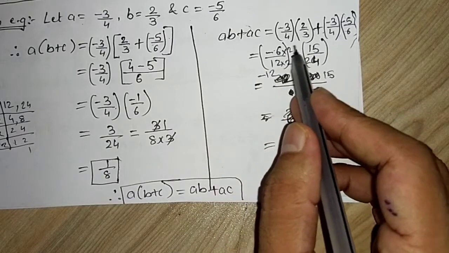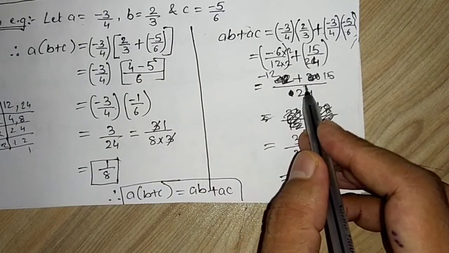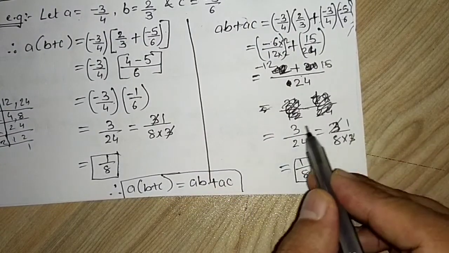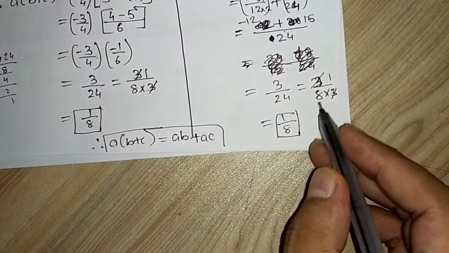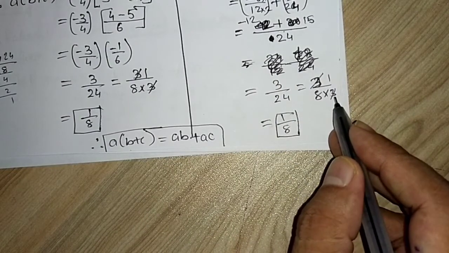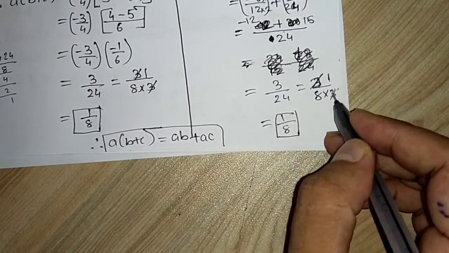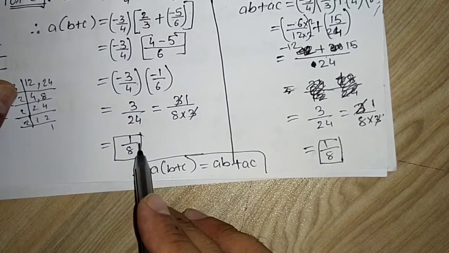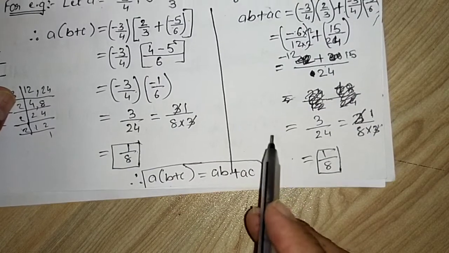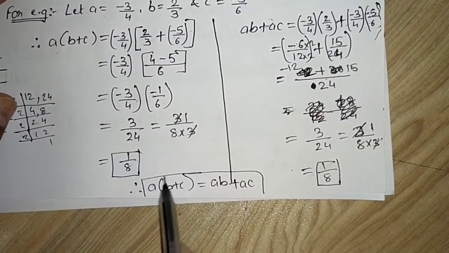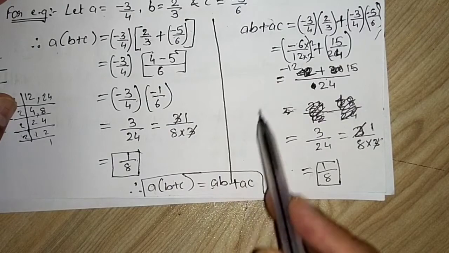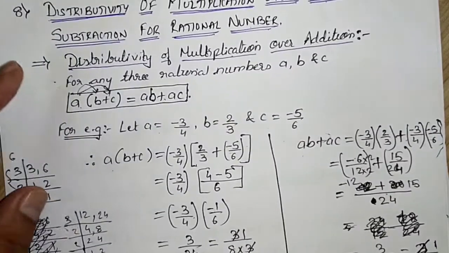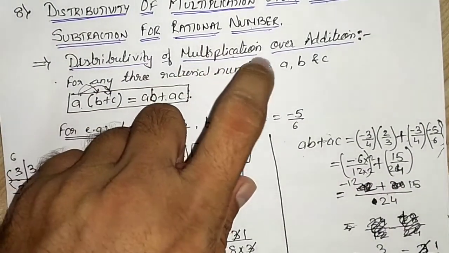So I get minus 6 into 2, which is minus 12, plus 15 divided by 24. Minus 12 and 15 give me 3 divided by 24. 24 I can write as 8 into 3, the 3s cancel, so the answer is 1 by 8. I can see 1 by 8 and 1 by 8, both answers are equal. So a into bracket b plus c is equal to ab plus ac. This is distributivity of multiplication over addition.